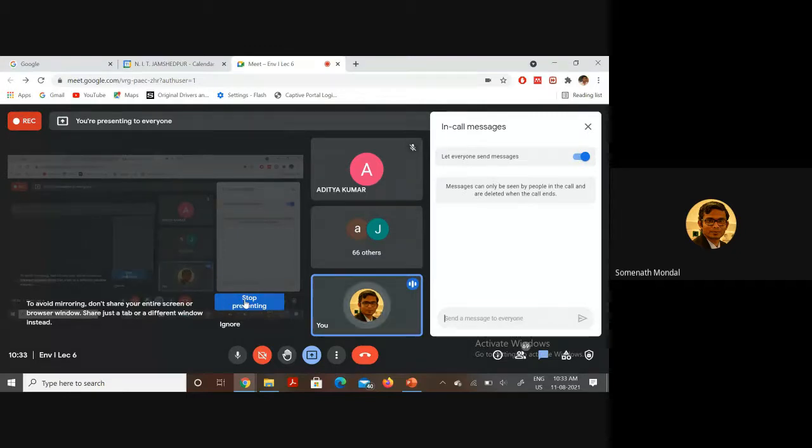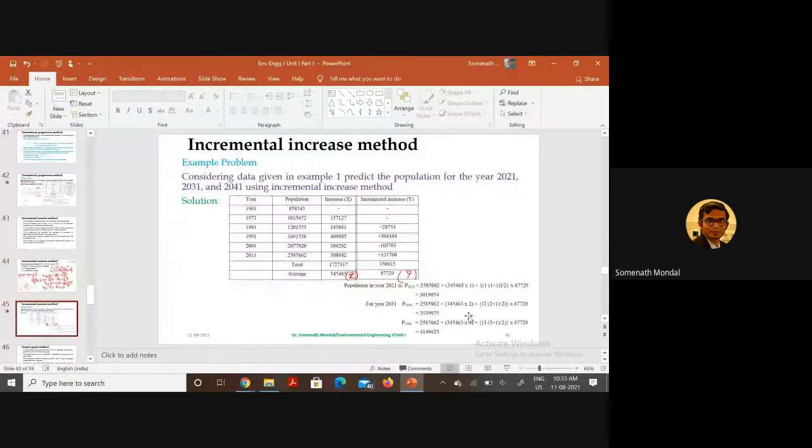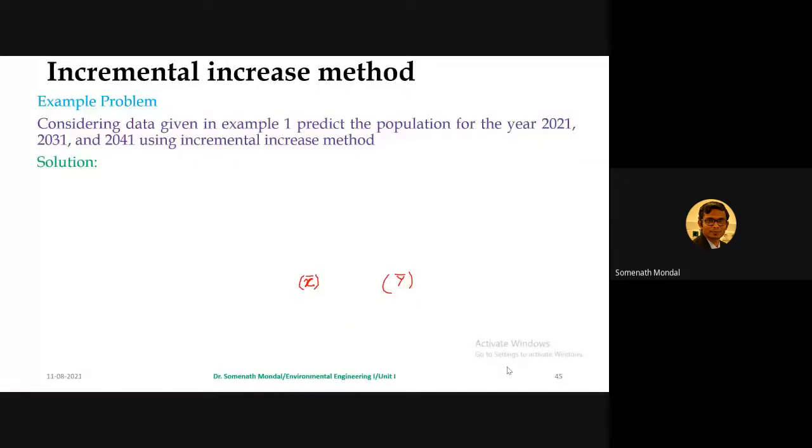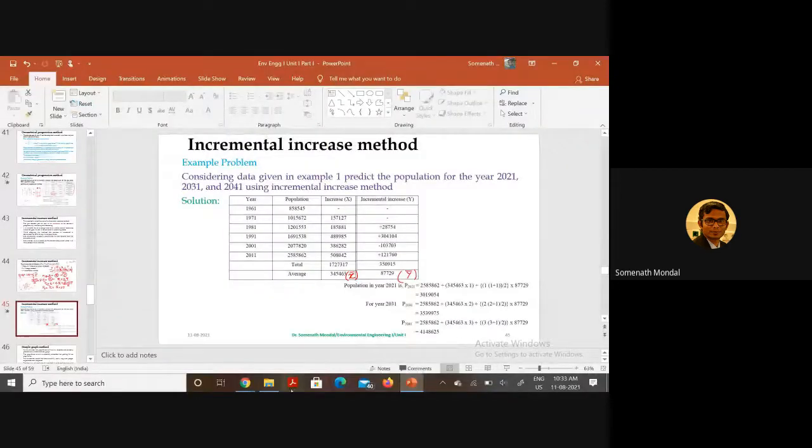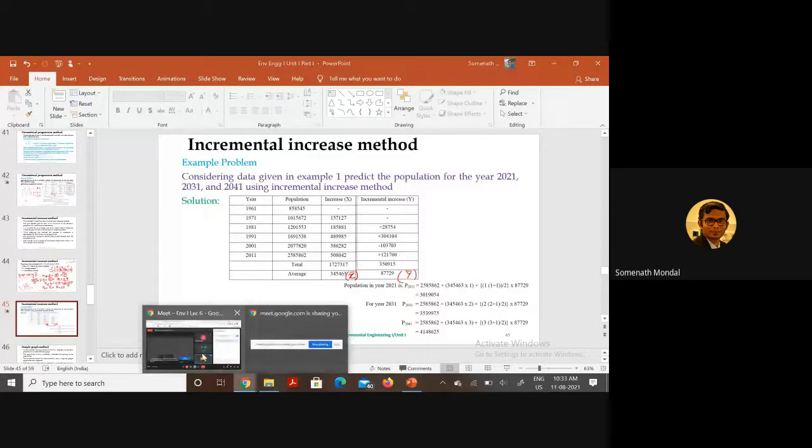So how much is the value of y bar? X bar value is actually calculated in yesterday's class. So all of you know that value. Now tell me the value of y bar. Has anyone got the answer?